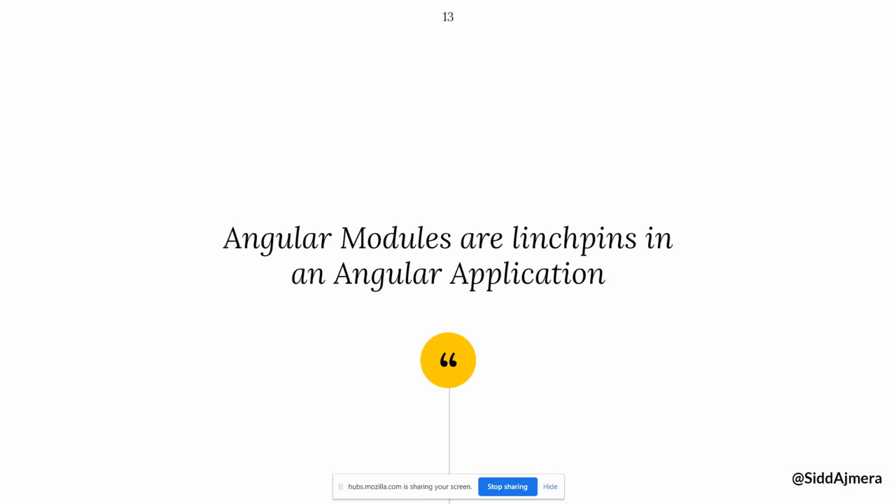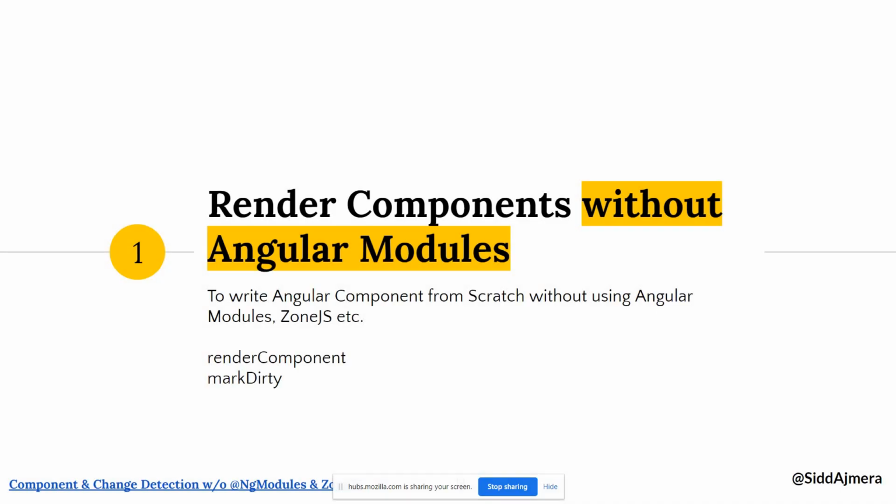Well, in those cases, these other things that Angular modules are responsible for, we will have to take care of on our own. With that being said, let's start with the very first code example, wherein we will see how we can render an Angular component from scratch without using any Angular module.